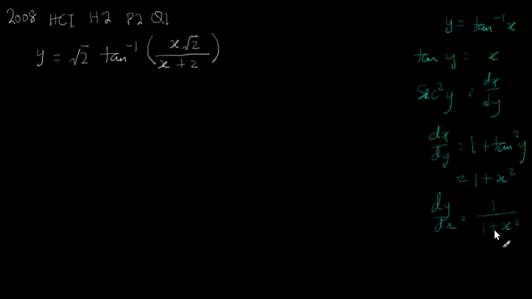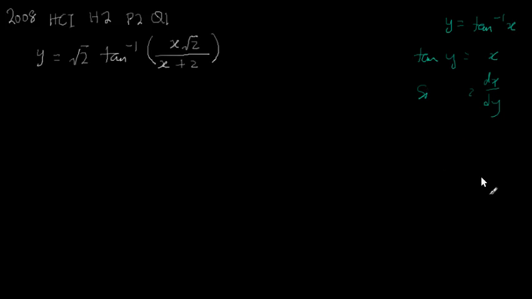So this is the formula for dy dx when y is inverse tangent of x. So let's just remember this is 1 over 1 plus x squared. Clear that? So that means that if this is just x, then it will be 1 over 1 plus x squared times the root 2.